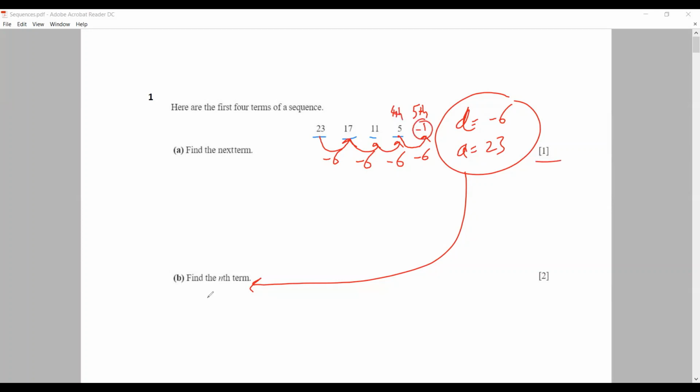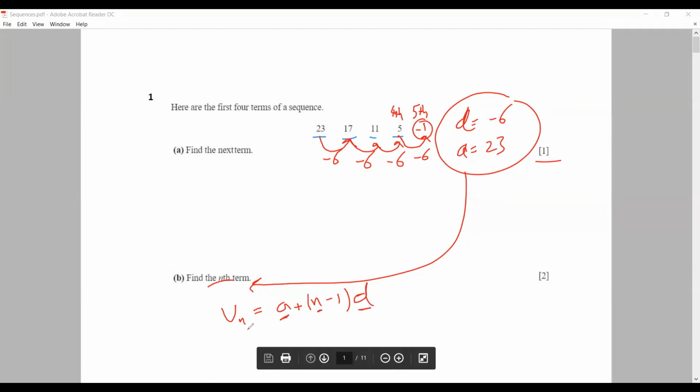For part B, if you recall, for arithmetic sequences, the nth term can be obtained by using this formula, a plus n minus 1 times d, in which a is the first term, d is the common difference, and n is basically the nth term, right?